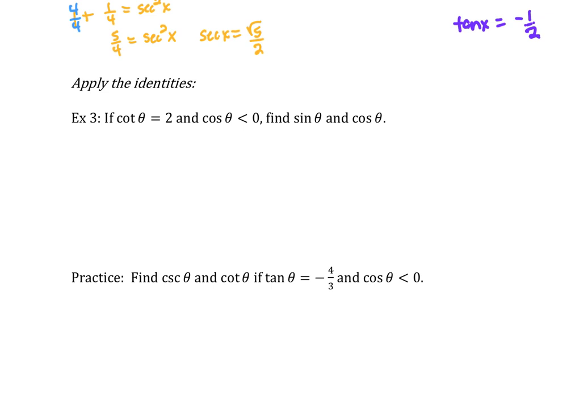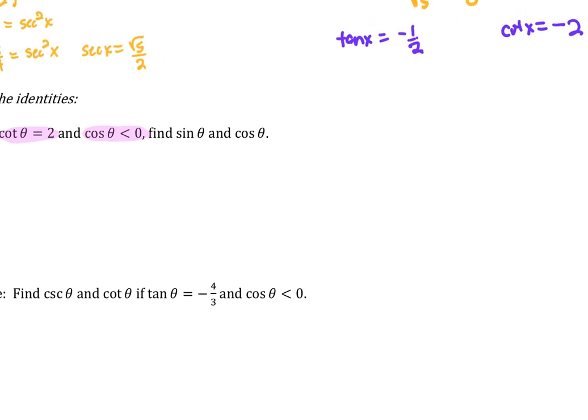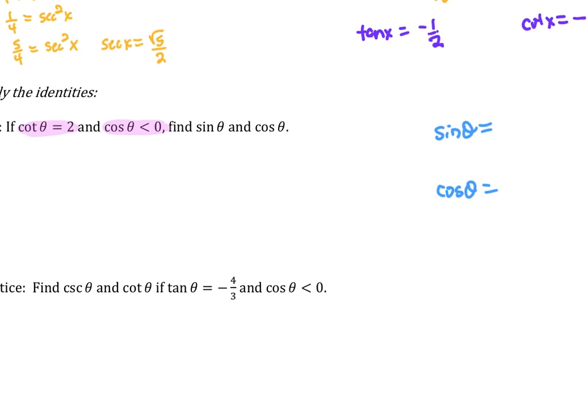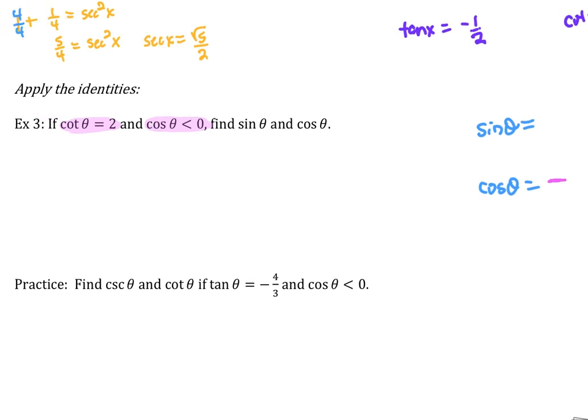So on this one, if you notice, we're given a cotangent value, and we're told the cosine is negative, and we just have to figure out what our sine value and our cosine value is. So we want to know what sine of theta is equal to and what cosine of theta is equal to. Let's decide on signs right away. It's saying cosine is negative, so I can go ahead and put that in, but let's decide whether sine should be positive or negative.